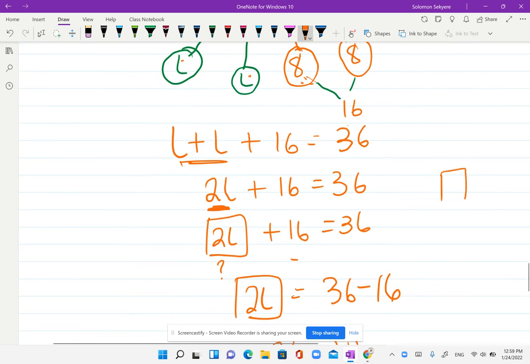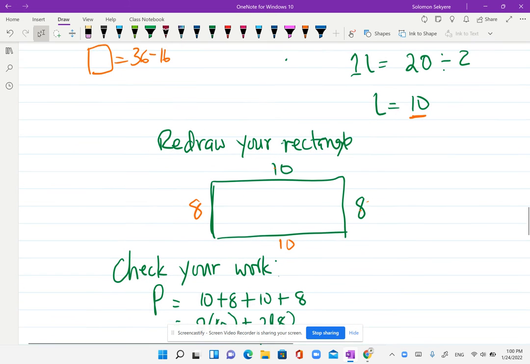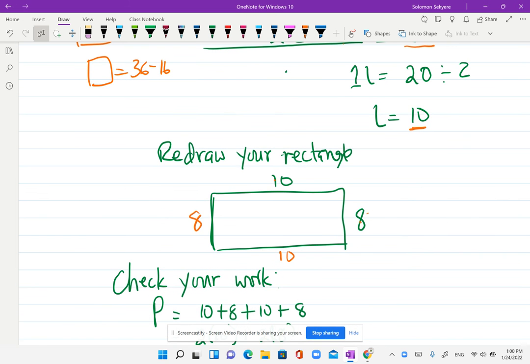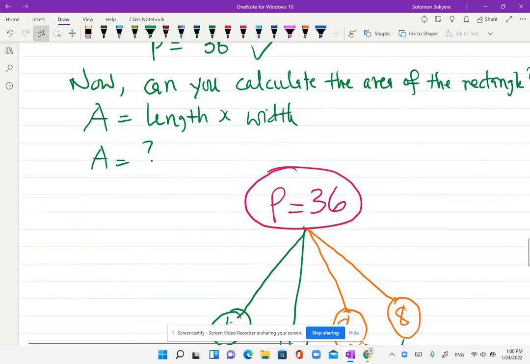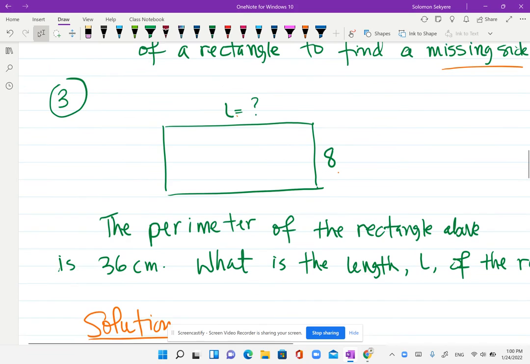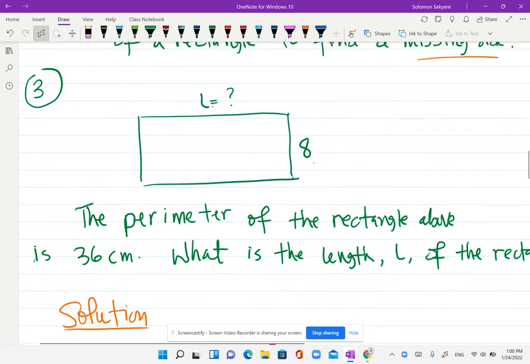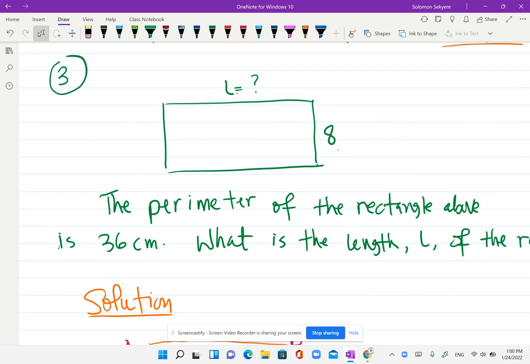But the main purpose of this video is to explain what perimeter means, and be able to play a detective using math to find a missing side when you're given the perimeter and one side, right?